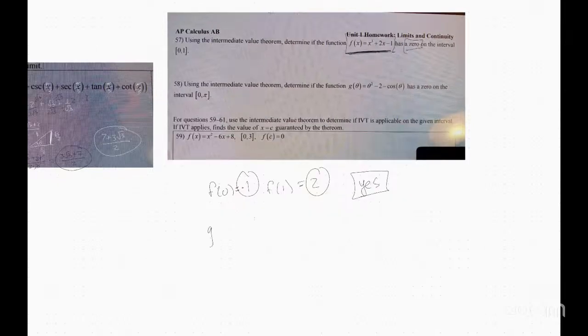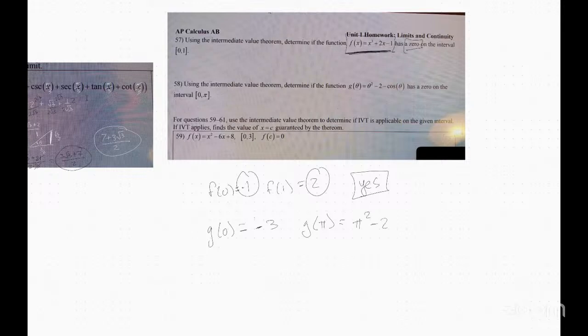Plug in 0. So g of 0, what would g of 0 be? That would be 0 minus 2 minus the cosine of 0. What's the cosine of 0? 1. So it's -2 minus 1, which is -3. And then g of pi would be pi squared minus 2 minus cosine of pi.